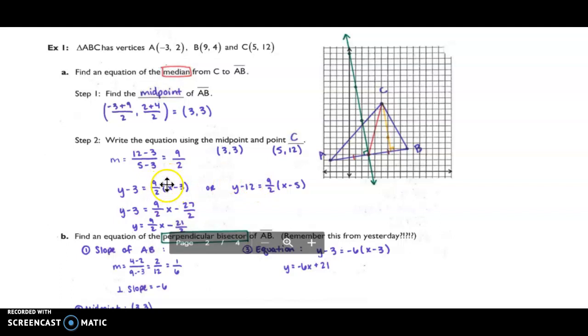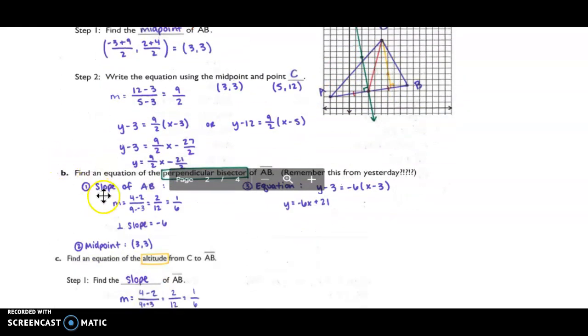And we know by the slope formula, it's 9/2. So why do we have 2 options here? Because you can use either point for the equation. You can use the midpoint, or excuse me, you can use point C. Doesn't matter which one.